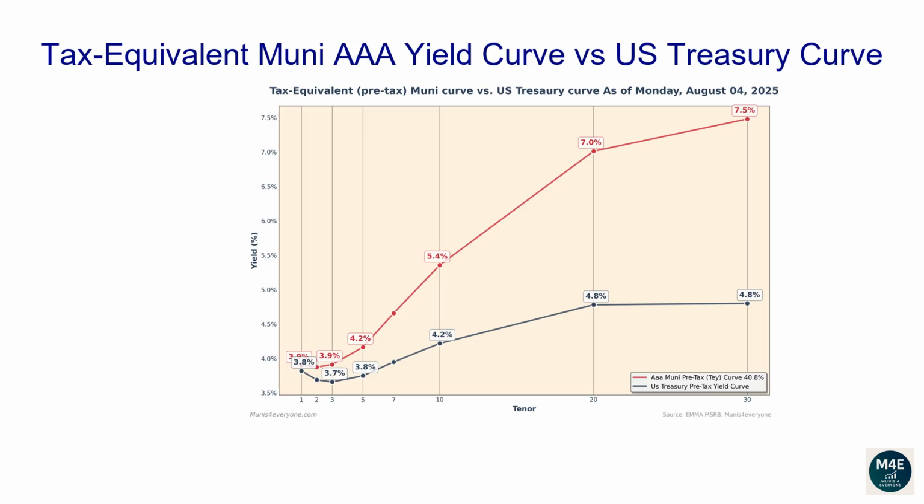When this scenario happens, it may be less convenient for investors to buy US Treasury bonds. For example, if you wanted to buy a 30-year bond, a AAA Muni bond would yield 7.5% compared to a lower yield of 4.8% from a Treasury bond.